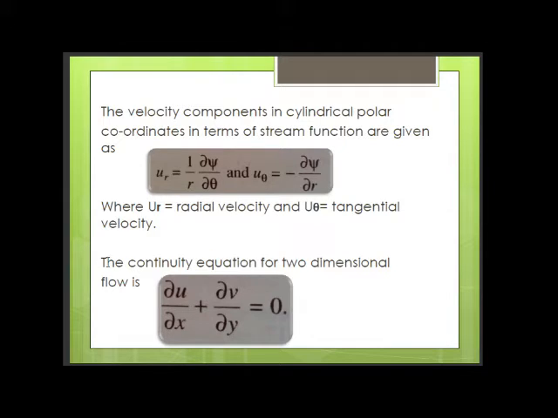The continuity equation for two-dimensional flow is written as dou u by dou x plus dou v by dou y is equal to 0.